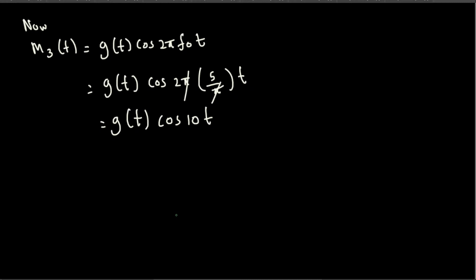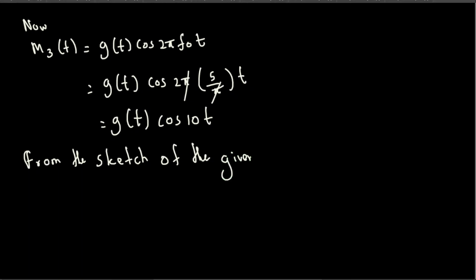Now we have that, and also we know one more thing from the sketch of the given signal: this g of t is basically rectangular t over 2 pi.